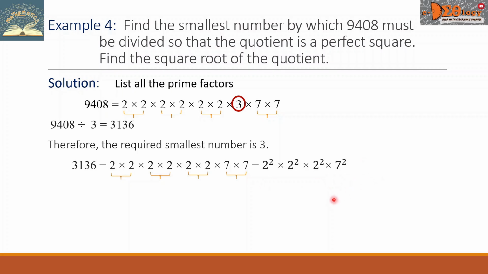We simplify the exponent into the square of the quantity 2 times 2 times 2 times 7. Then we can show that the square root of 3,136 equals 2 times 2 times 2 times 7. And the product is 56.